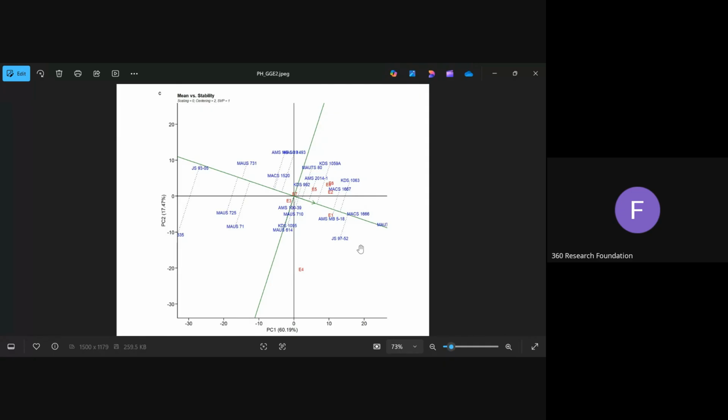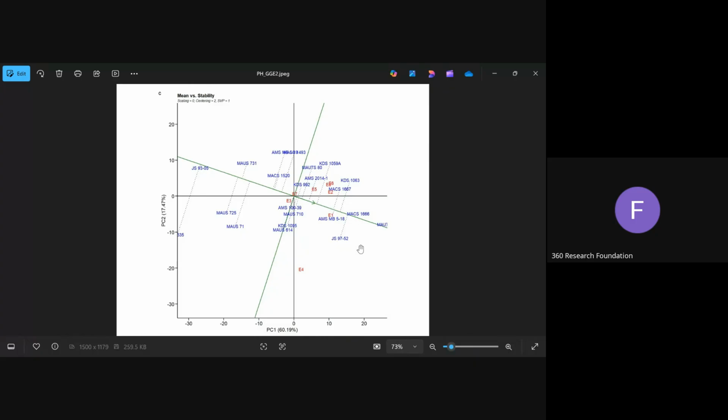Zoom the diagram and see where this 710 is located, whether in the direction or on the opposite side. Sir, it is on the opposite side. If it is on the opposite side, it has low mean performance. That's why, though it is not purely on the opposite side like 725 and 71, you can consider it as average.